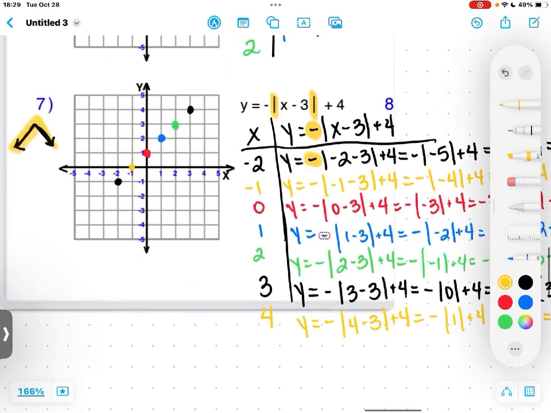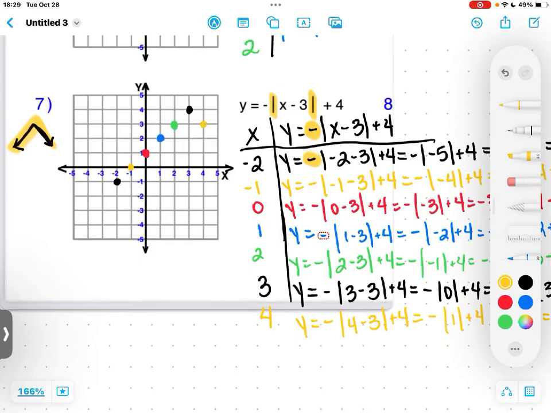4, 3, which now, looky here, 4, 3, I now shot back down to my V shape. I'm starting now to go back down the line. Meaning, and I'm not going to solve for this one, my next point would be 5, 2 if I were to plug it in. So now I have that V shape. What this allows me to say is I have my vertex, which you're supposed to have with an absolute value, 3, 4, and this is what your V shape is going to look like.